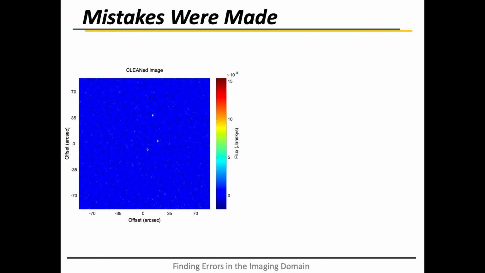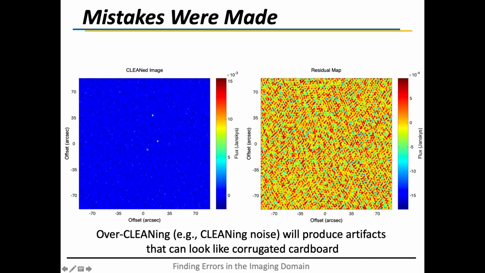You can do the flip scenario, of course. Here are my point sources, and you might notice all these little speckles that you might hope are point sources, along with what looks like corrugated cardboard. And if I look at the residual map, it looks really strange, with lots of values at the very maximum threshold and lots of values at the minimum threshold.